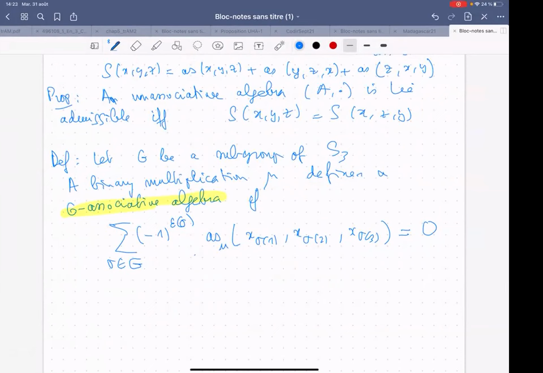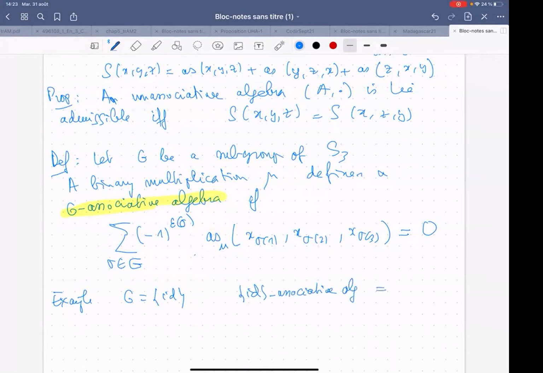Then, of course, one example here. If I consider G defined only by the identity, then a G-associative algebra is exactly an associative algebra.